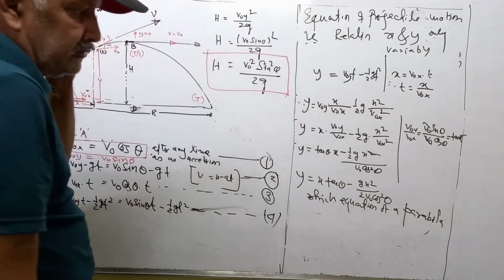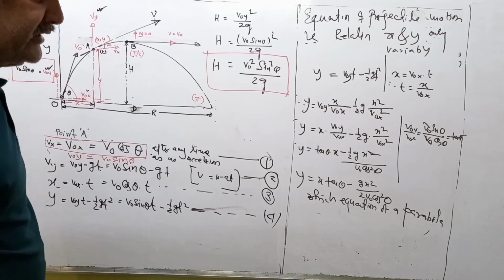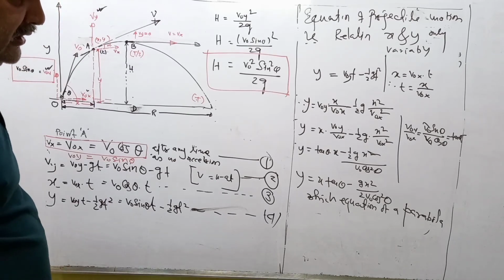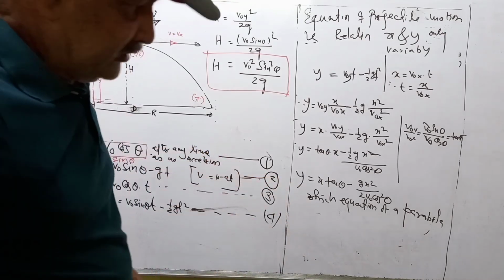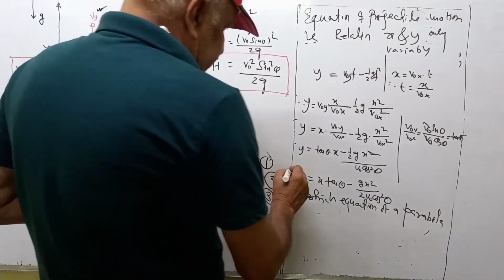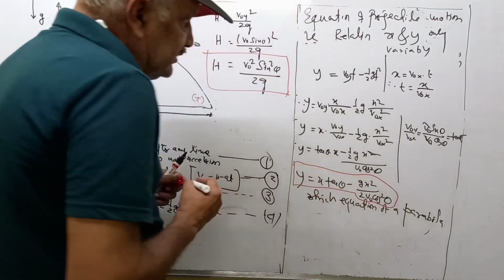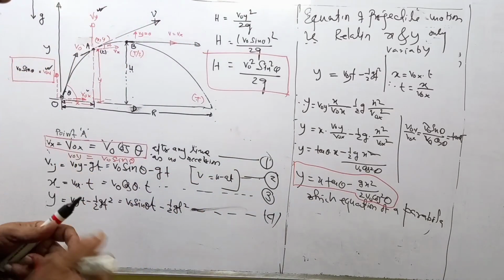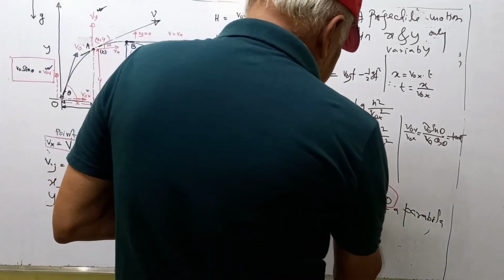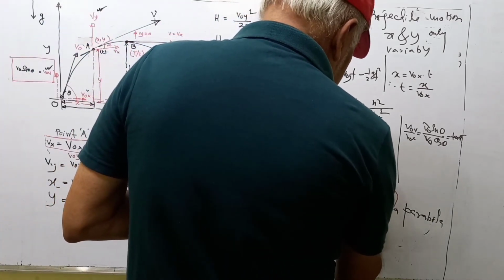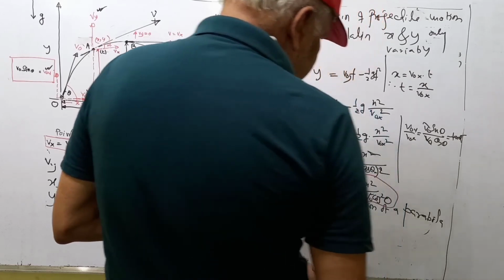Now we do not know the equation of the parabola at this moment. It is a separate issue of the mathematics. That time we will discuss in detail. Now we have to learn it that way. The equation of the projectile motion is y equal to x tan theta minus g x square by twice v0 cos square theta, whole square.